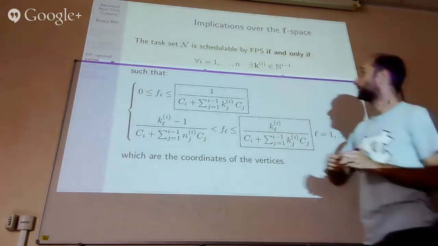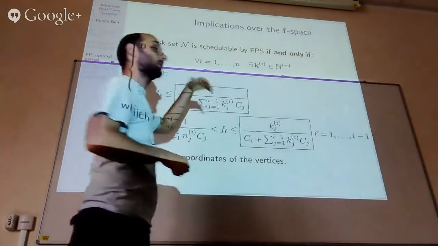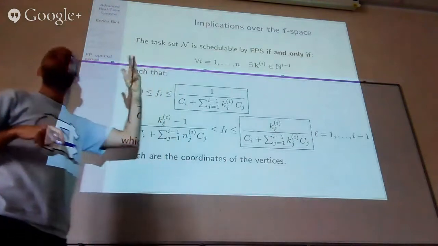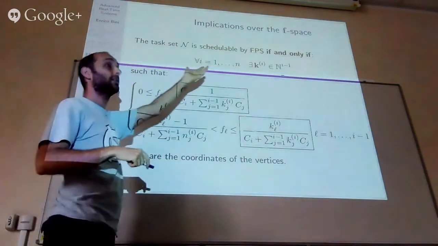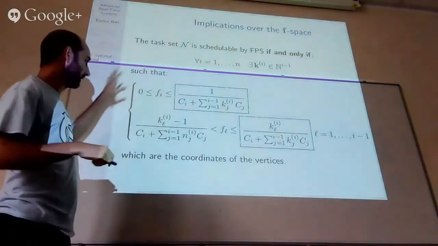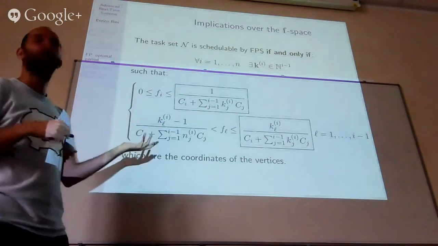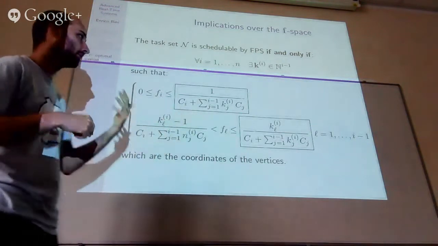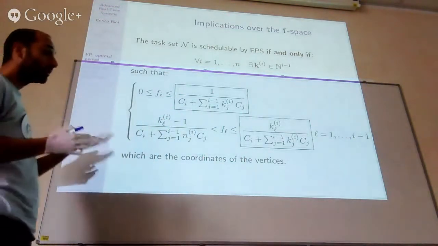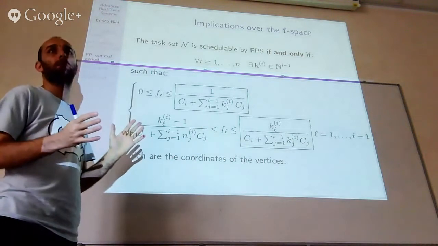And since we have to do for all i there exists K, as we did in the computational time case, the exists is a sort of union, and for all is intersection. So the shape of the fixed priority schedulability region in frequencies is going to be the intersection of unions of boxes.